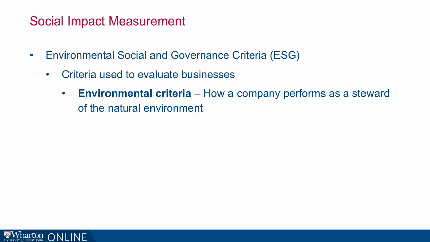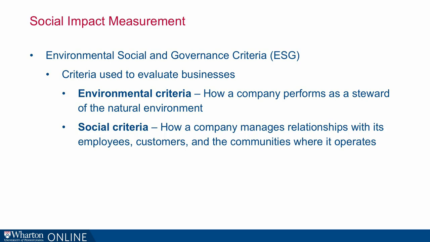So the environmental criteria are used to describe how a company performs as a steward of the natural environment. Social criteria are used to describe how a company manages its relationships with its employees, with suppliers, with customers, and the communities where it operates.